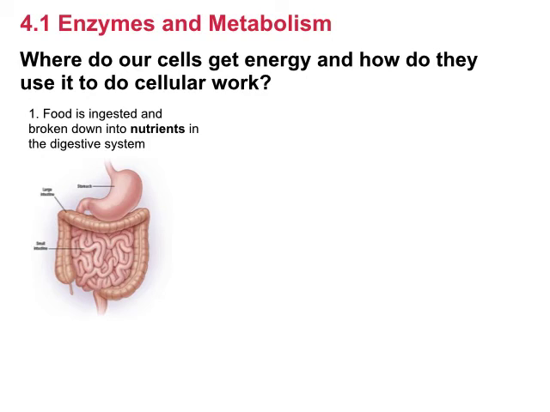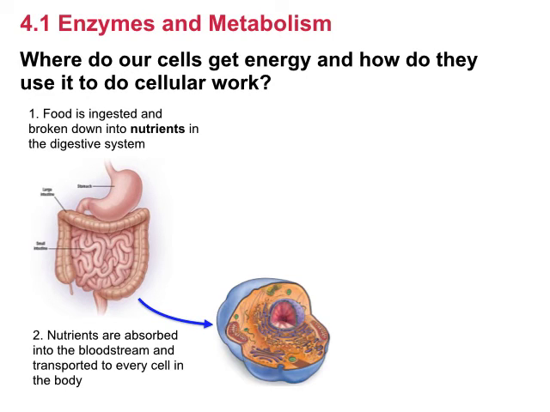Our digestive system breaks it down into nutrients. Those nutrients, like monosaccharides, amino acids from protein, and lipids, are absorbed into the bloodstream and then transported to every single cell in your body through your circulatory system, right?